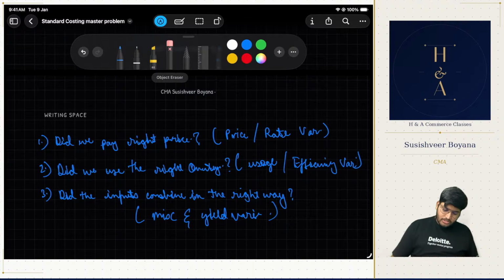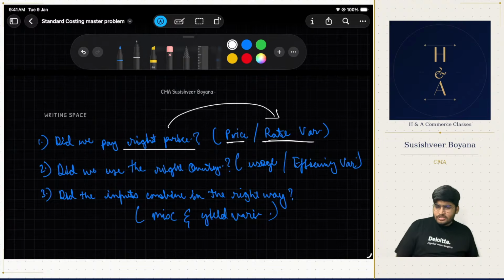These questions have told me that when you're talking about the right price, we talk about price and rate variance. Am I paying the laborer the same rate? It's not just about material, remember. It also includes variable overheads as well as fixed overheads. When I'm talking about the right quantity, did I use it right?